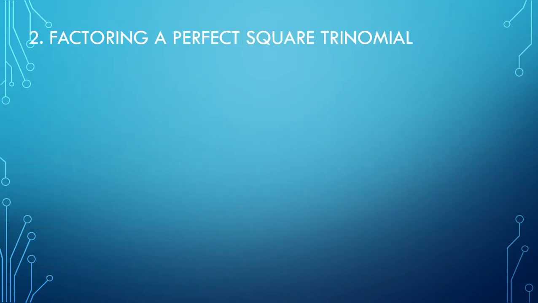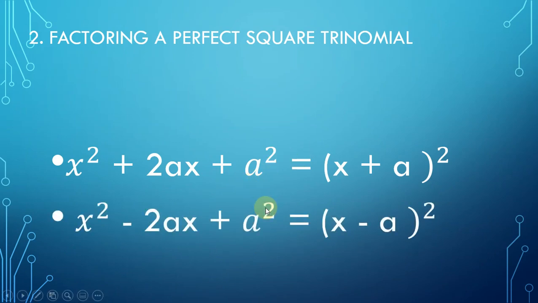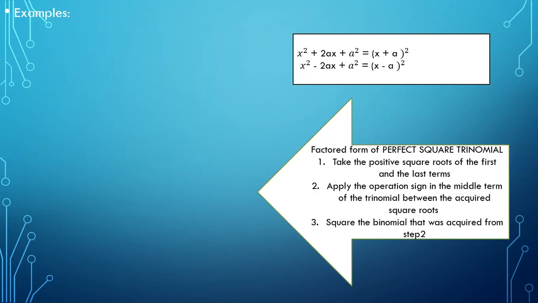Number 2, factoring a perfect square trinomial. This will be our formula. So let us have an example. Number 1. We have 4x squared plus 16x plus 16.